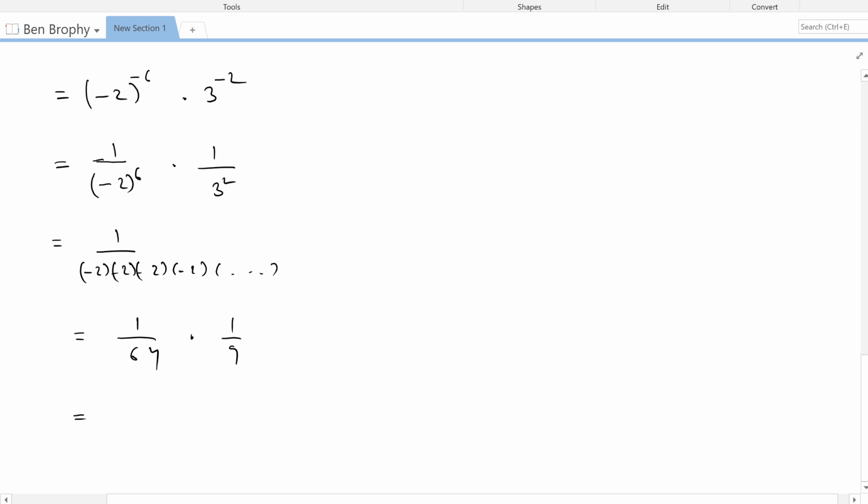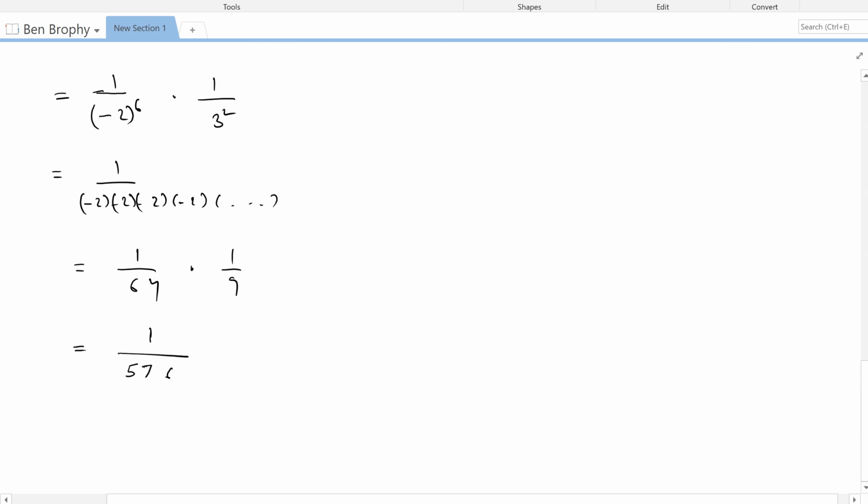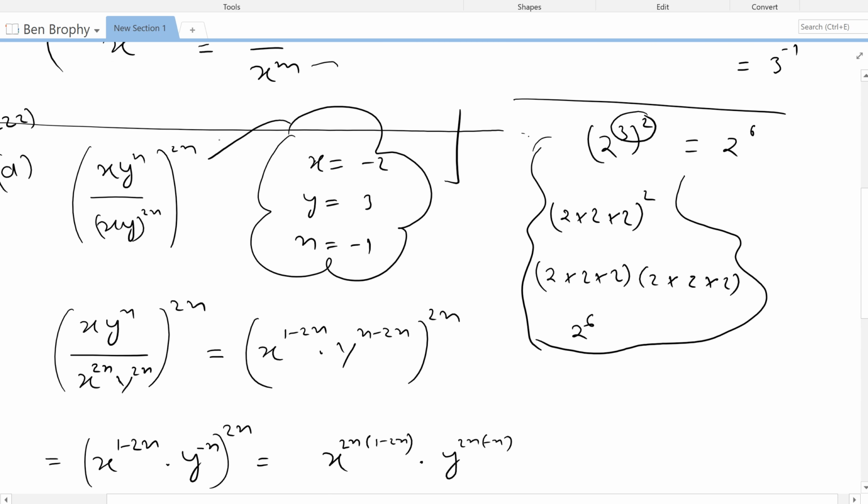Now, if you have a calculator, you can do that, but I did it in my head. So 1 over 576. That's going to be your answer, and you're going to get the same answer by direct substitution.